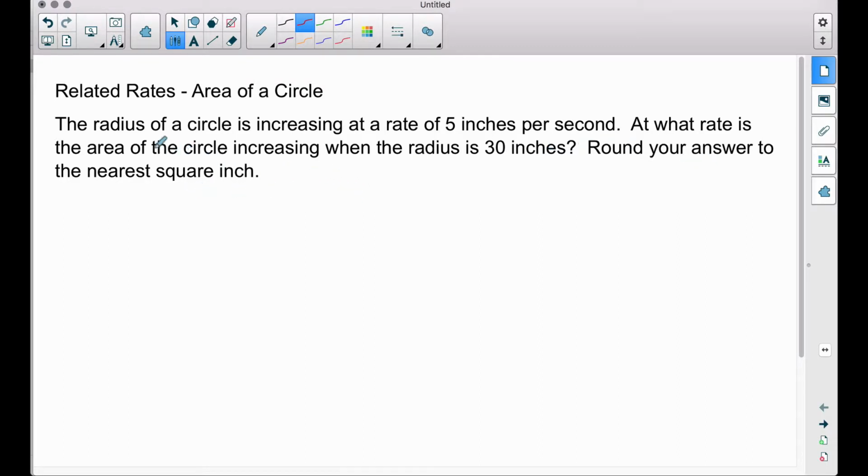Since we're talking about a circle and we have area, we do have a formula that's very common. The area of a circle is pi r squared. Now, what are some things that we have and what are some things that we're looking for? The radius is increasing at a rate of 5 inches per second. We refer to this as dr dt, and that's going to be 5 inches per second. This is the rate of change of the radius with respect to time.